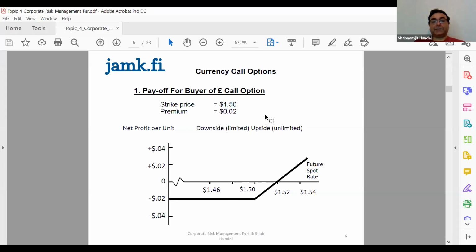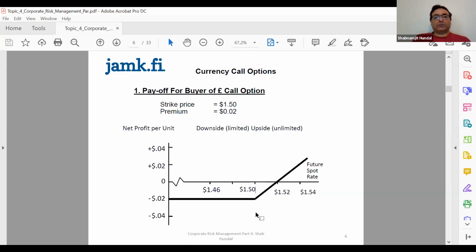So basically, on the left-hand side of this 1.50, 1.47, 1.46, 1.48, 1.49, 1.45, you must not exercise the option. And when the strike price is the same as the market price, like 150, 150, then you are in a state of indifference.